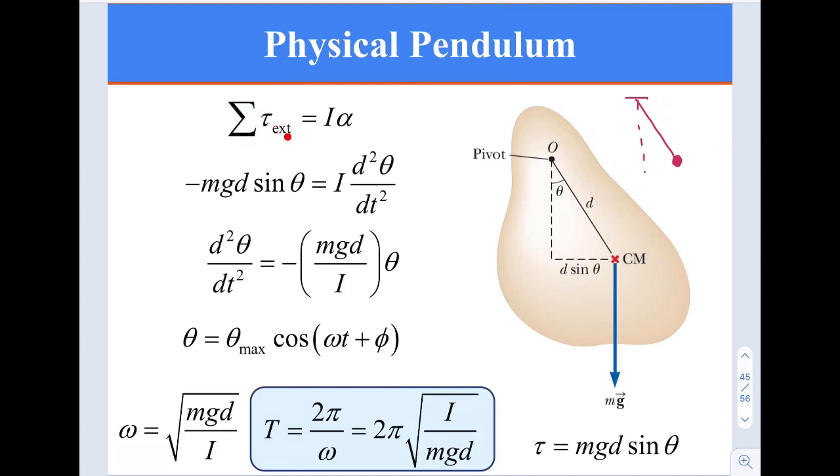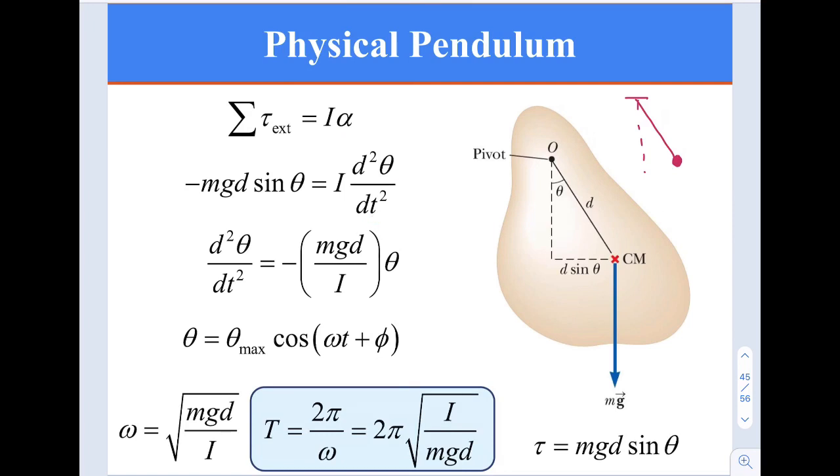So the sum of external torque within the system must be equivalent to the moment of inertia of the system times alpha. So what is the external torque that exists here? Again, negative mg d sin theta. Why is it negative? Because the rotation is going to be in the clockwise direction. What is alpha?